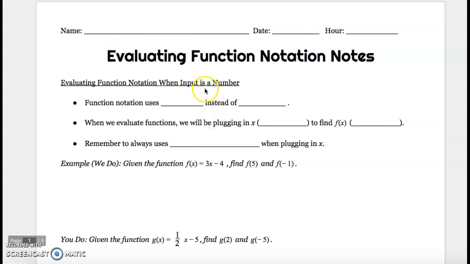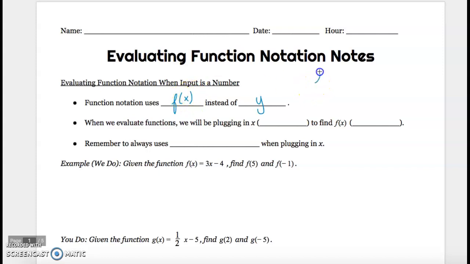Okay guys, today we're going to be looking at evaluating function notation, and we're going to start off with what to do when your input is a number. So first and foremost, a big difference between function notation and what we've done in the past is that function notation uses f of x instead of y. Typically this is nice because f of x identifies that you're using a function and it tells you what your input was originally.